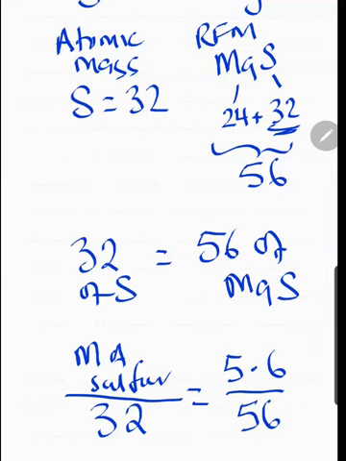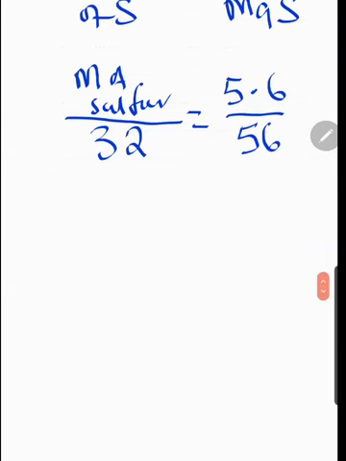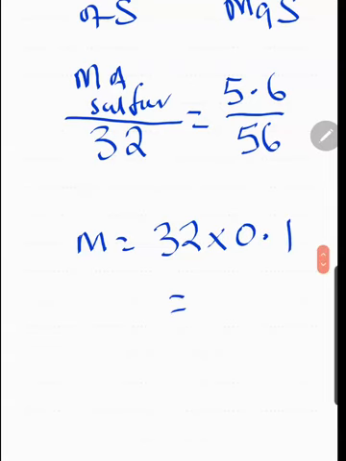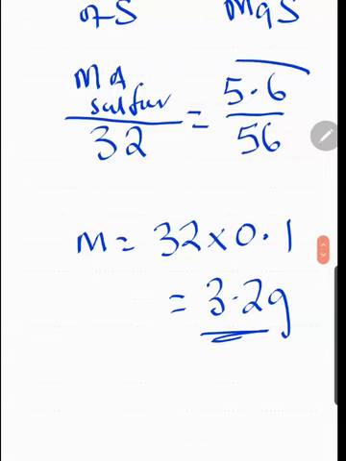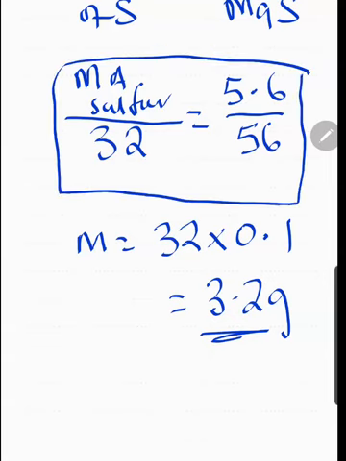Does that make sense? And all we're going to do now is rearrange this equation. So mass equals 5.6 divided by 56. 5.6 divided by 56 is 0.1. So we're going to do 32 times 0.1, which equals 3.2 grams. Now, hopefully, you've learned this sort of rearrangement in maths. So I just took 32 to the other side.